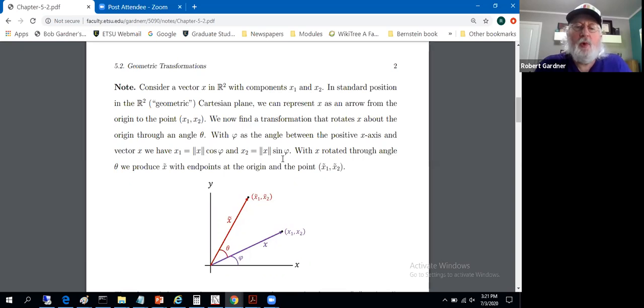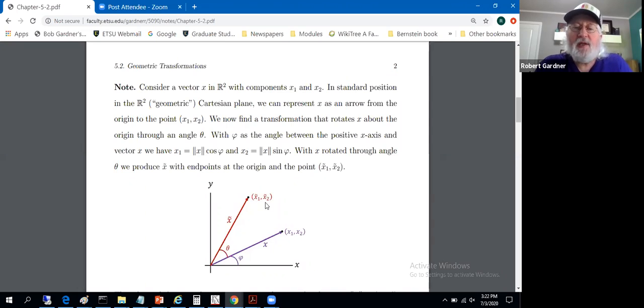Okay, we want to rotate through an angle theta. We're going to let x tilde represent that vector and let the coordinates of the point we're talking about up here, if this represents a point, the vector's in standard position. So this could represent, it's ambiguous really, this could represent the point or the vector. We're going to use parentheses for points and vectors, as Gentle does. But we get an x1 tilde and an x2 tilde.